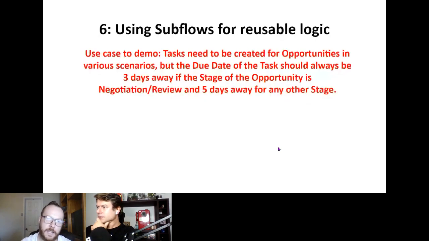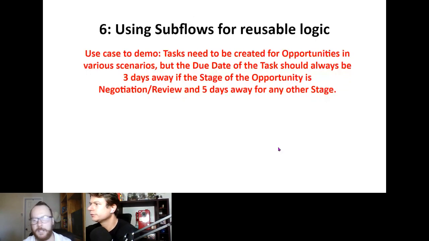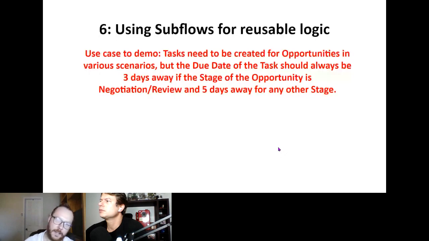So the use case here is, let's assume we're in an org where tasks need to be created for opportunities in lots of different scenarios. Maybe there's old process builders that do it. Maybe there's new flows that call it and create tasks. But the foundational piece of logic is the due date of a task should always be 3 days away if the stage of the opportunity is negotiation review, and 5 days away for any other stage.